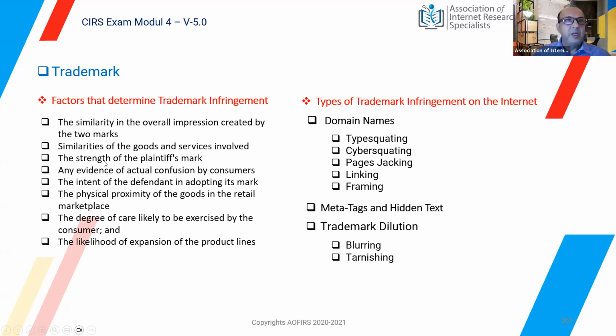Then we've got the strength of the plaintiff's mark. Strength could mean three things. Strength means how long that trademark has been in business or has been used for the public to identify with their goods. Then you also have to look for the fact that it is making revenue. It's not like you can apply for a trademark, obtain it, and then not sell the product or not bring it in front of the consumers.